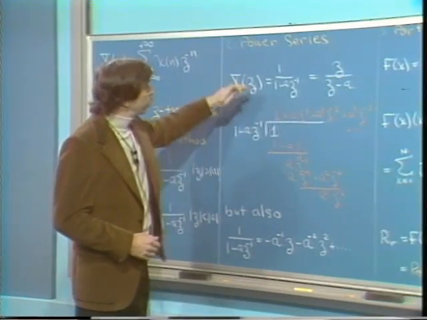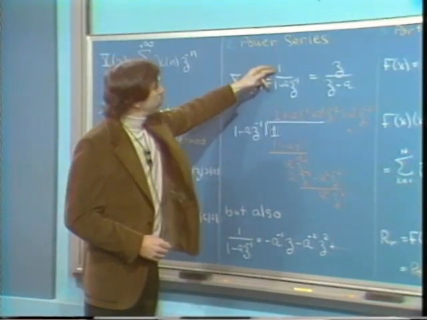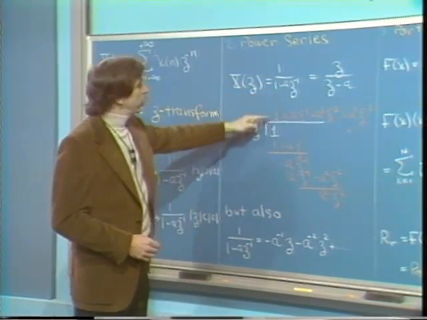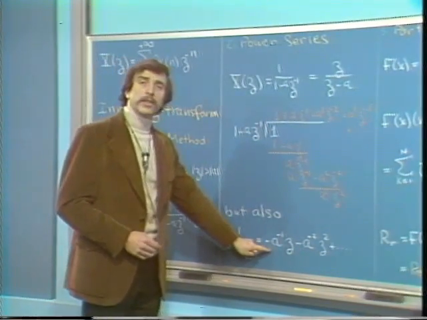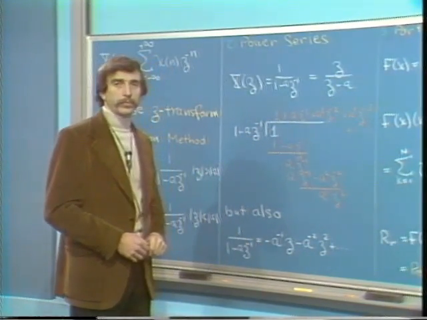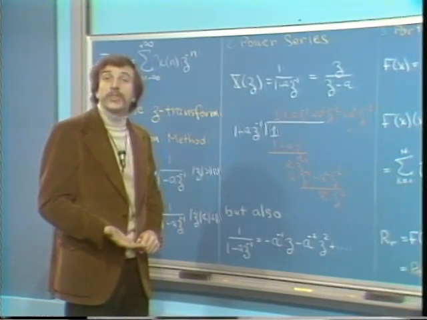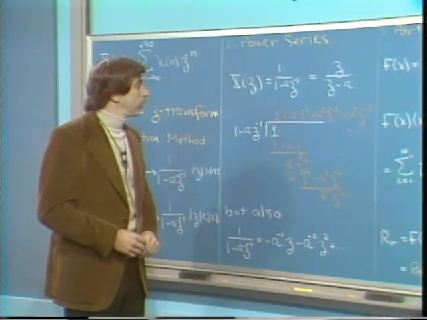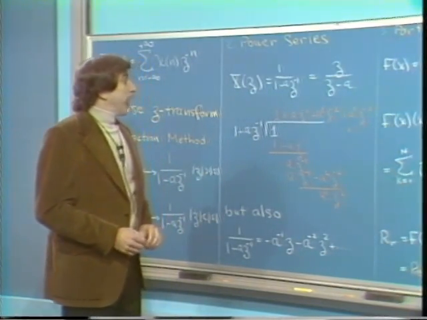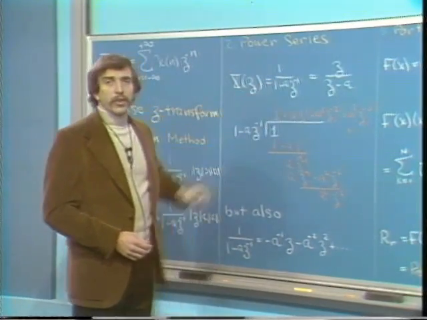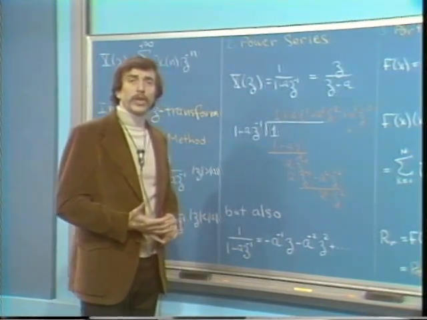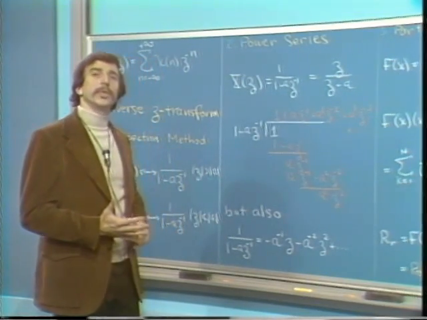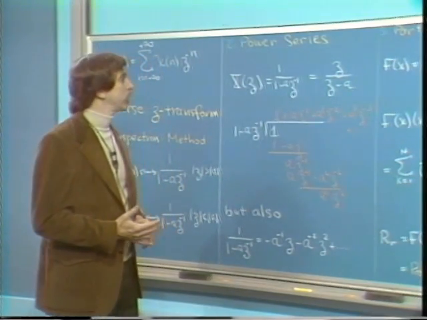So in fact, for this example, I could expand this either in this power series or in this power series. Well, which power series is the right power series? We know, in fact, that given just this ratio of polynomials, there are several choices for the sequence that it corresponds to, depending on the region of convergence.